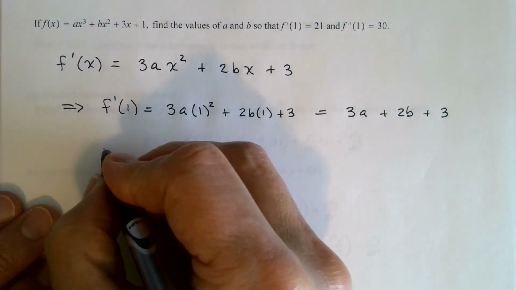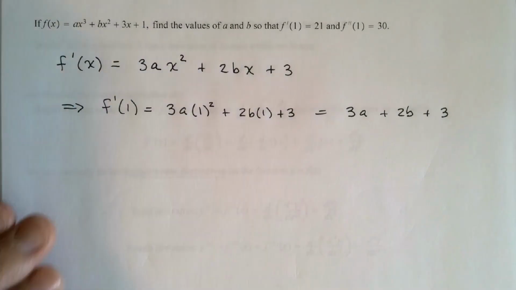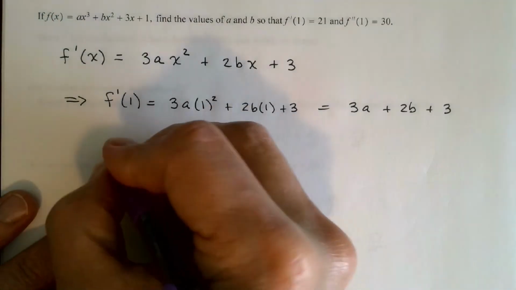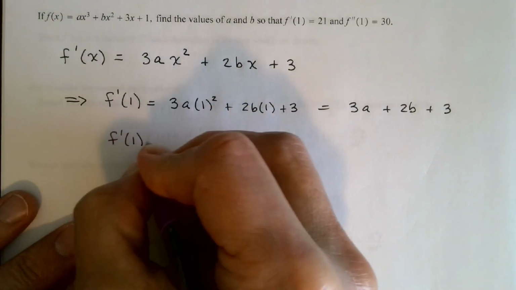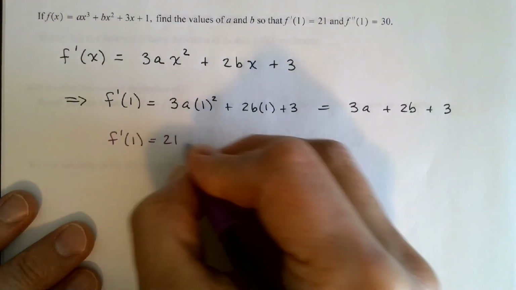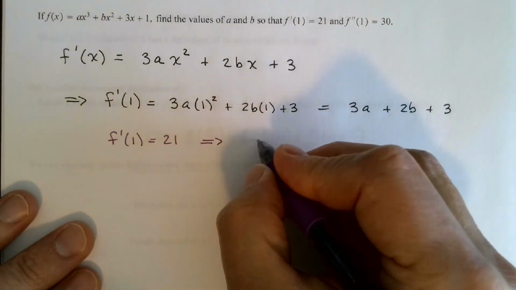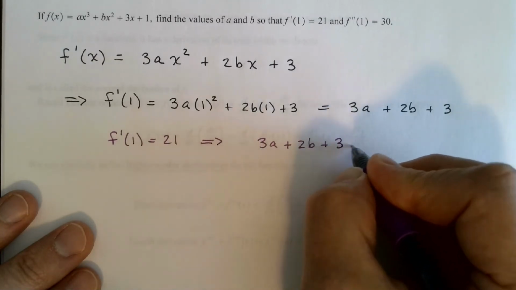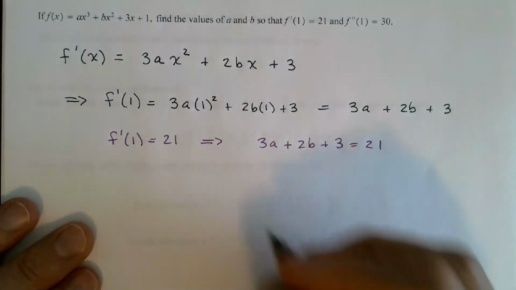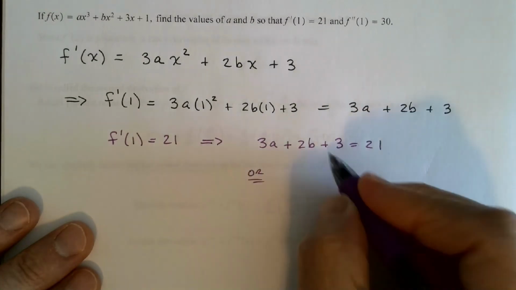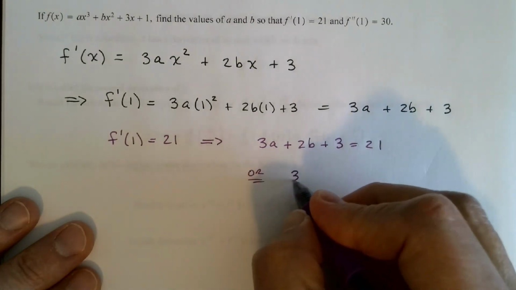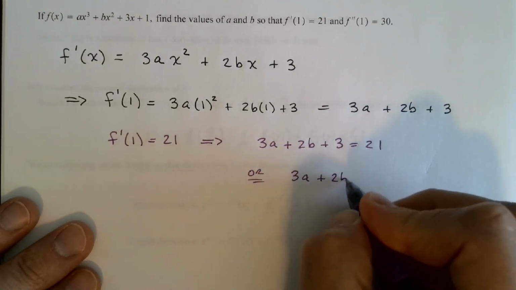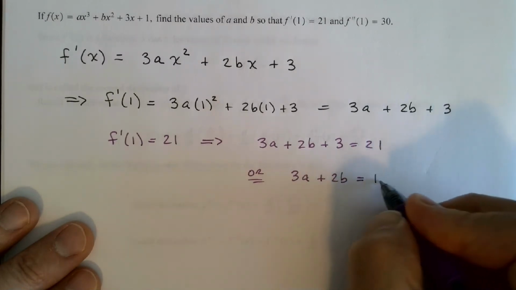And in the problem, we want f prime of 1 to be equal to 21. So this gives us the equation 3a plus 2b plus 3 is equal to 21. Or if I subtract 3 from both sides, 3a plus 2b is equal to 18.